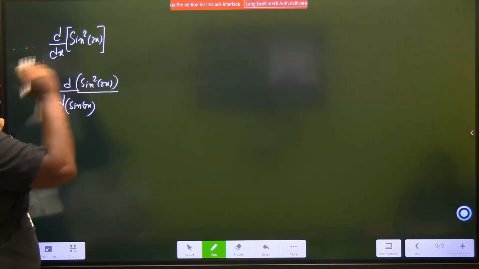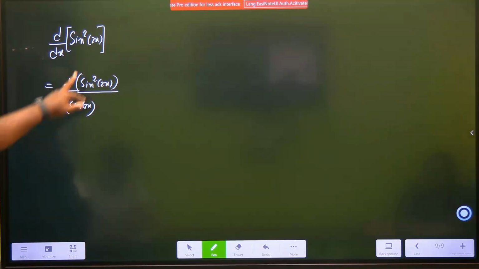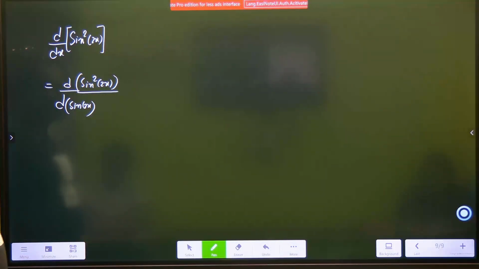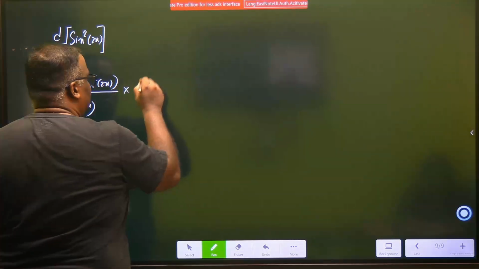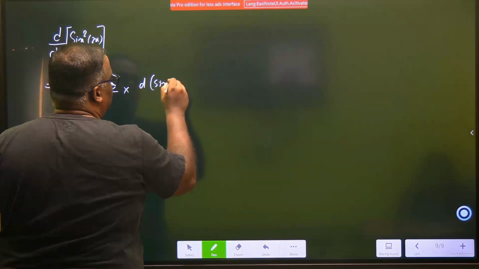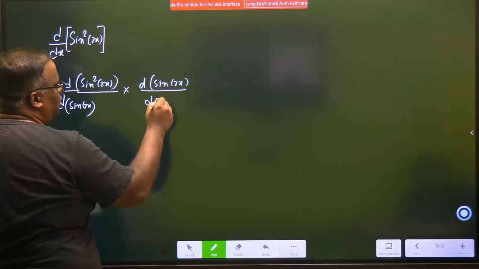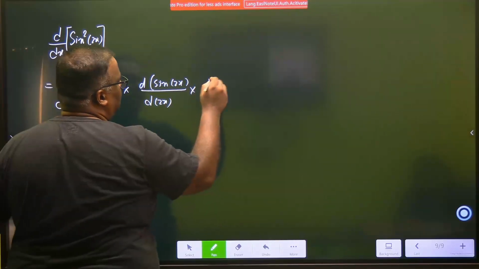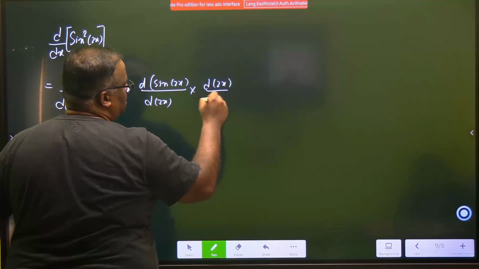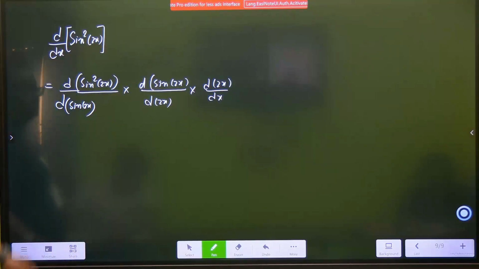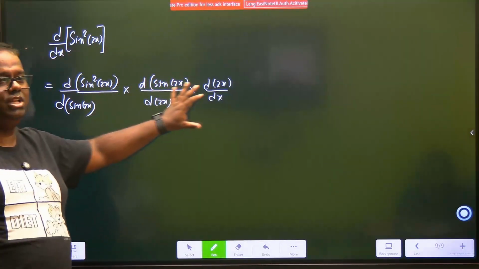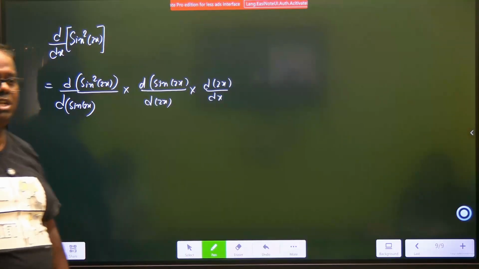First the power. Right? Now the function d sine 2x. Now sine of dog, so I'll differentiate it with dog. Then the angle d of 2x dx. See, first the power, then the function, then the angle. It's called power function angle.